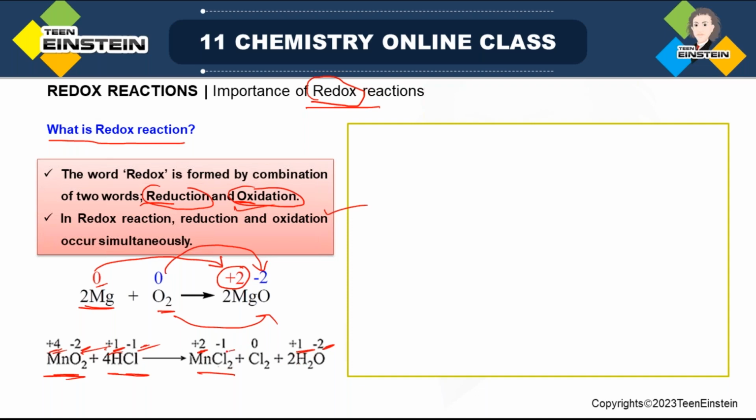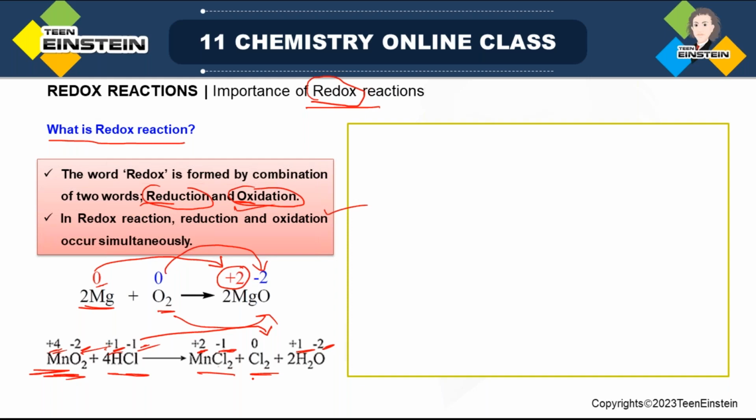For chlorine in HCl it is -1, but in chlorine gas it is 0. So there is a change basically only for manganese and chlorine, not for H or oxygen. When we talk about reduction and oxidation, there is a change in oxidation number, which we will discuss in detail. Here you just get a primary idea of what a redox reaction is from these two equations.